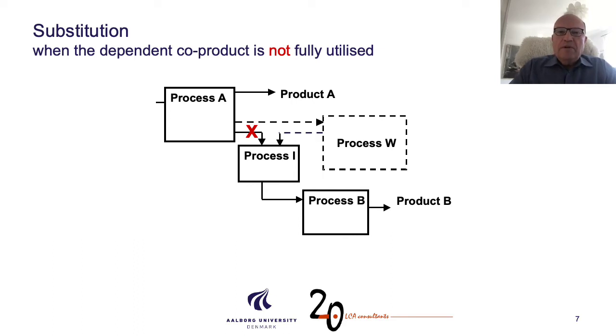But if we're asking for product B, we would ask for more of process I as well, but since we cannot get more from there, there is no need for getting more out from the process A, so we're not stimulating process A to produce anything more. Instead, we're simply avoiding some waste treatment that would otherwise have happened.